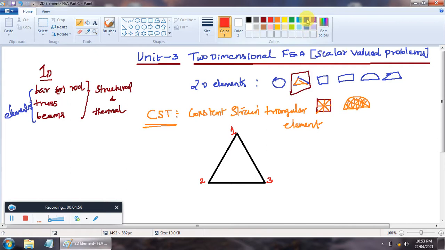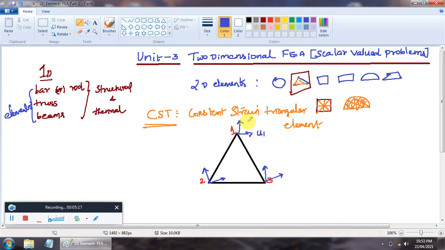Since it's a two-dimensional element, under the load it may undergo two displacements, one horizontal and another vertical.